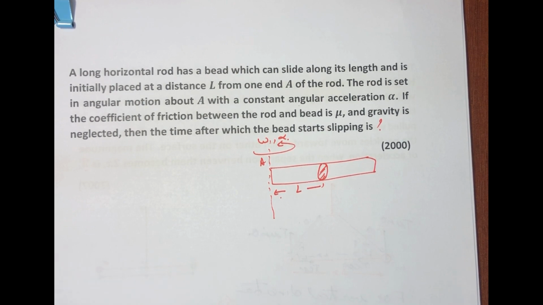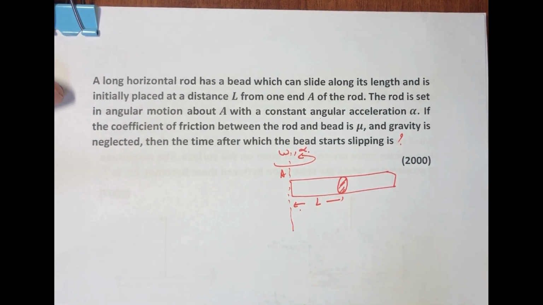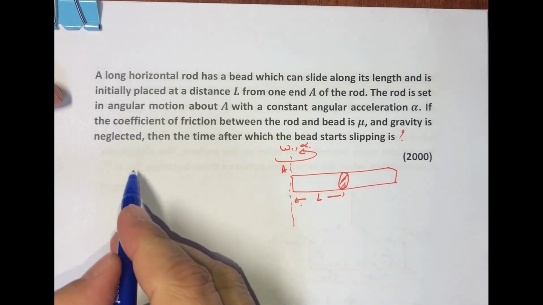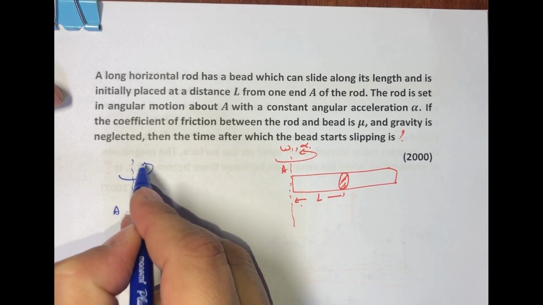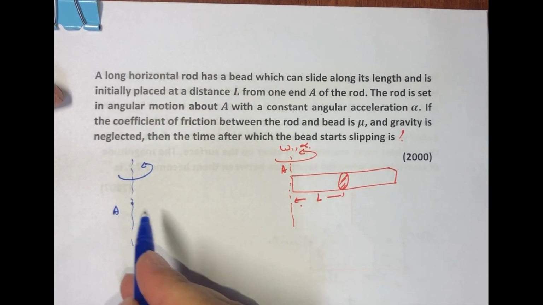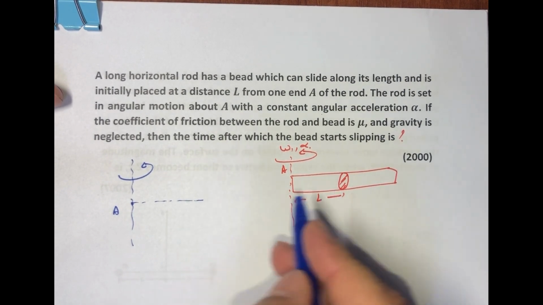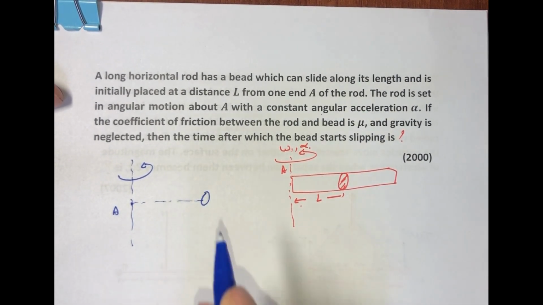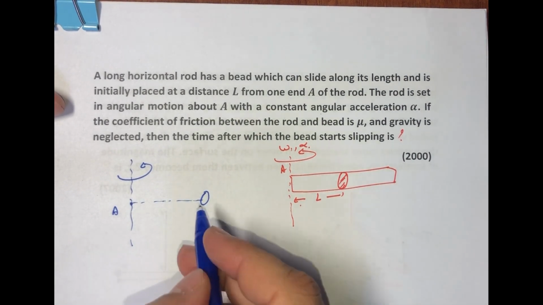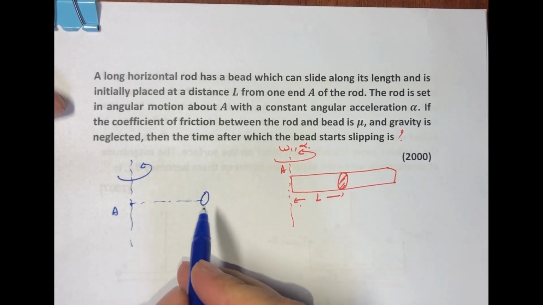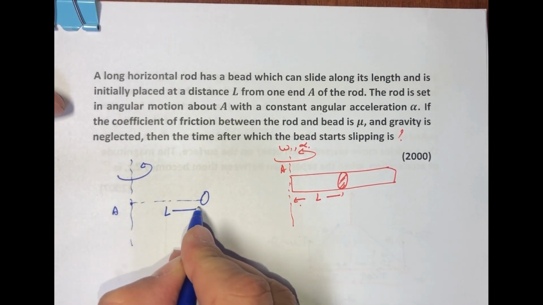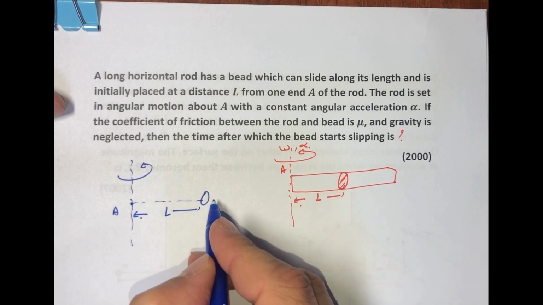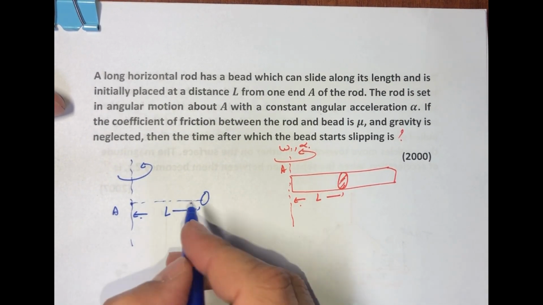So in this condition, let us redraw the diagram with all the relevant forces. This is our point A. It is rotating in this direction, and let us suppose this is the axis, and we have the bead here. Now it will try to slip away from this, and this distance is given as L. So it is going to have two accelerations.